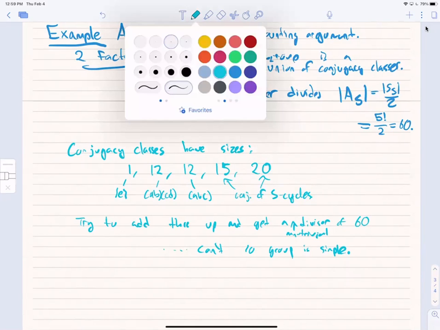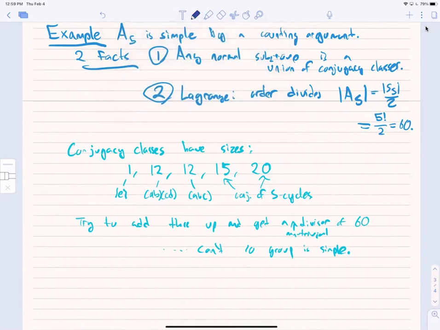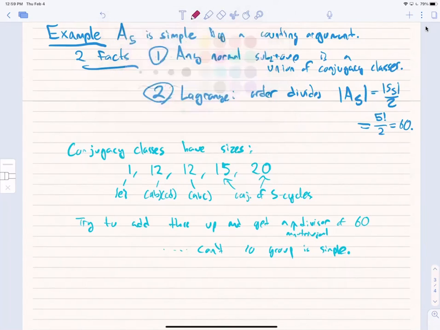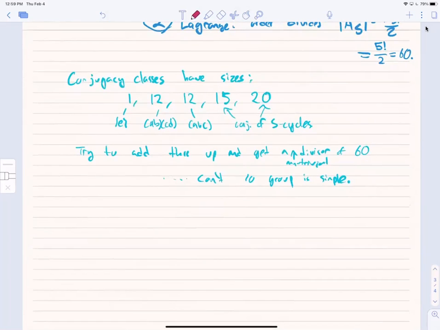Okay. So let's go ahead. I'm going to state the Sylow theorems, and then we'll take a break. I guess I have to make a definition.